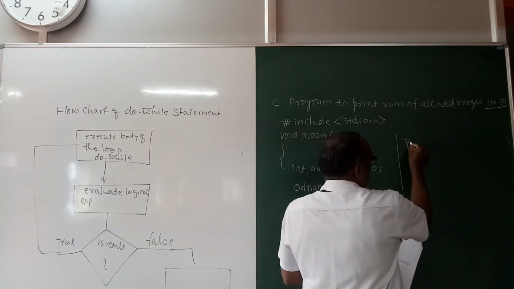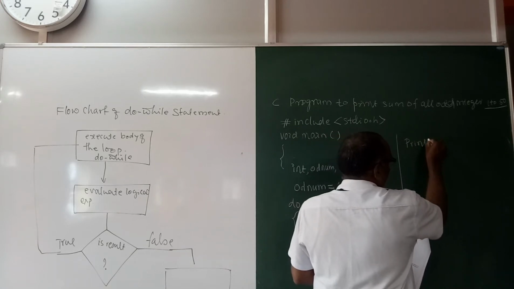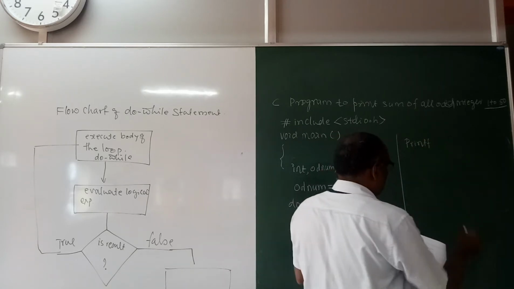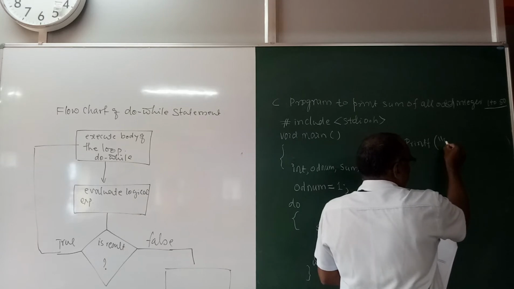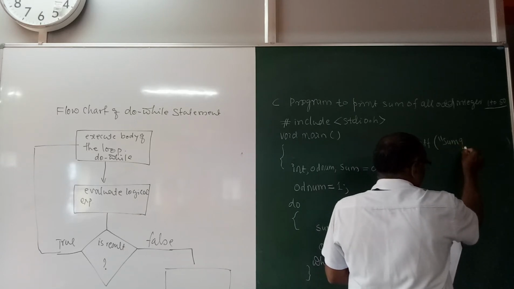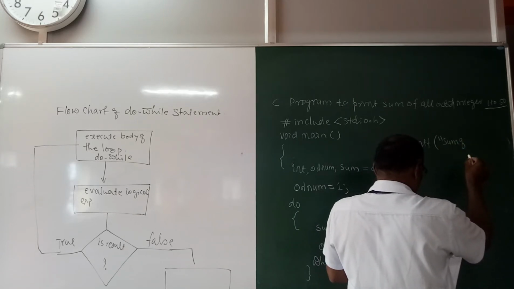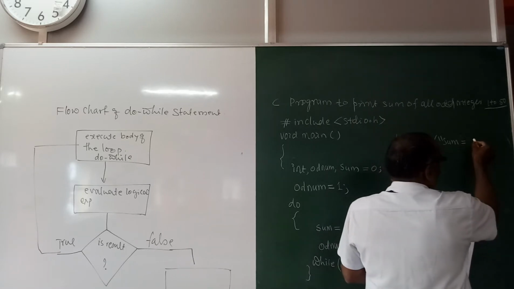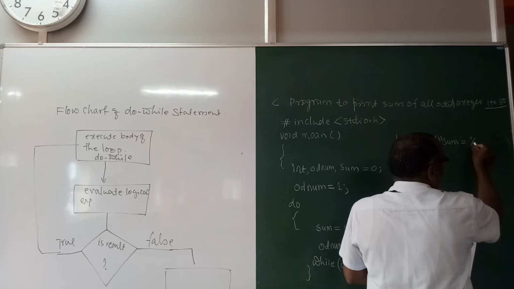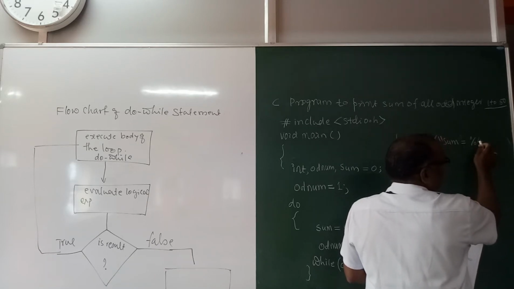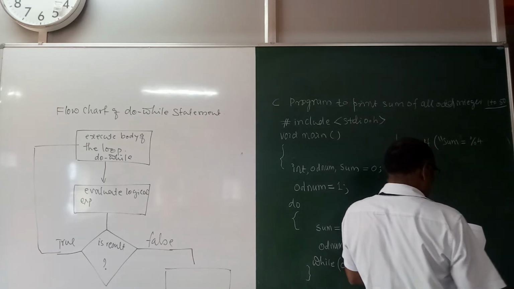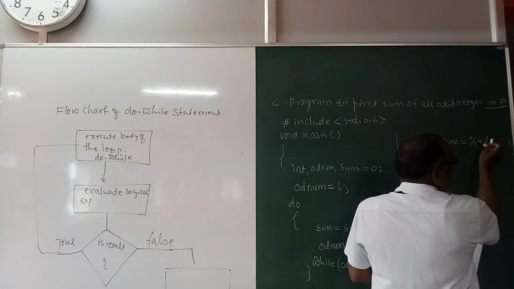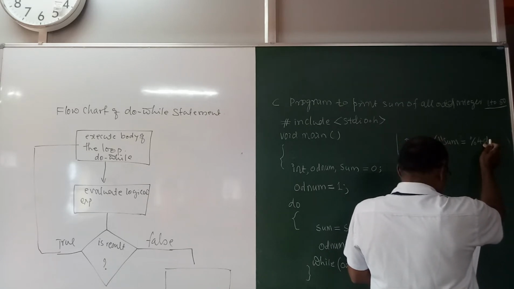Printf, that is the output statement. Sum is equal to, say sum equals, we are writing this %4d, the 4 is the field specification, and this is for integer data type.